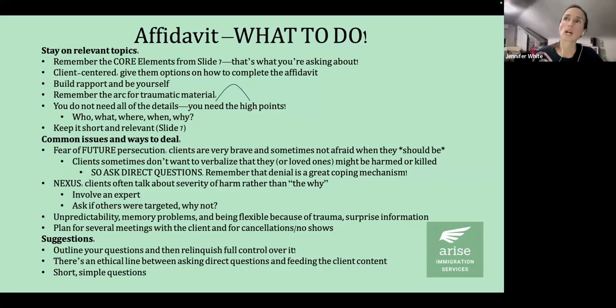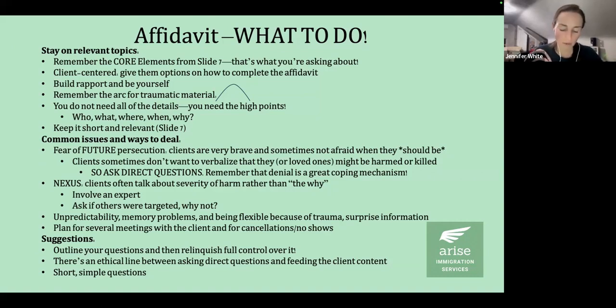Rather than talking about how there's a real possibility that they'll be harmed if they go back, they might minimize it. So that's again a good opportunity to be really direct and just explain it to them, like explain what you're trying to argue to the government and how you think they're really brave, or however you feel comfortable saying it, so that you can really get to the truth of the risk and help them articulate that in a way that's honest for them.